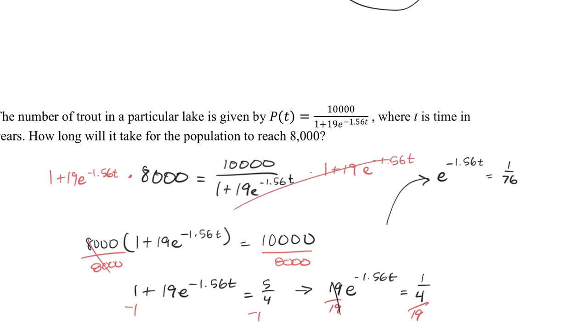Now to cancel the base e, you can use natural log. Now we divide by negative 1.56.